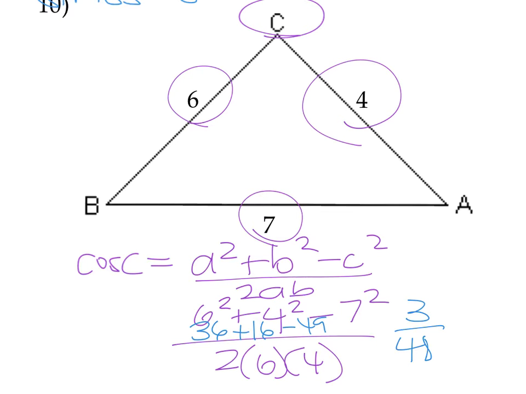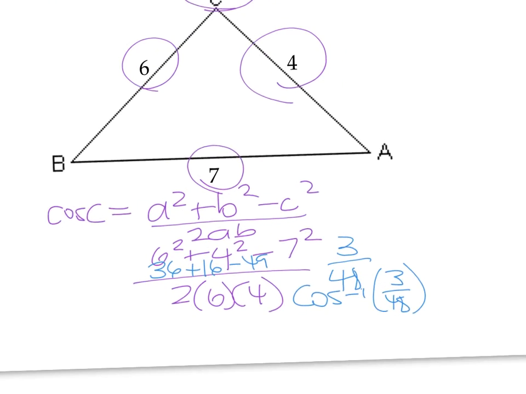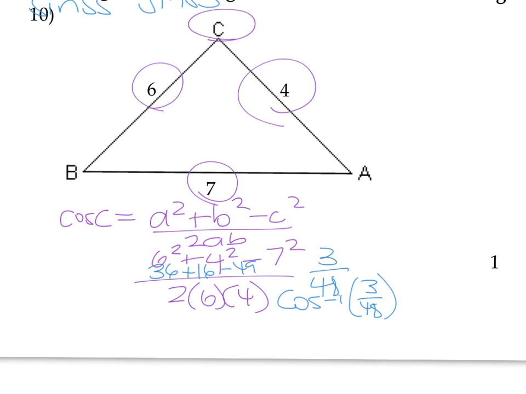From there, I would do 3 divided by 48 in the calculator, and then I would do cosine -1 of 1/16, or leave it as that, and you end up getting that angle C is 86.4 degrees.